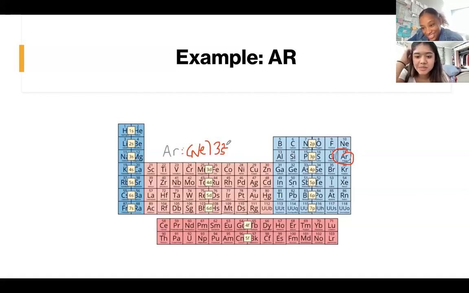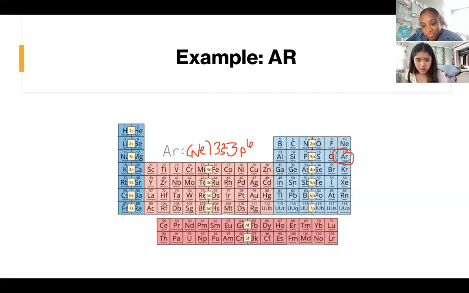I was looking at something else. It would be a 3p: 1, 2, 3, 4, 5, 6. 3p6. Exactly.